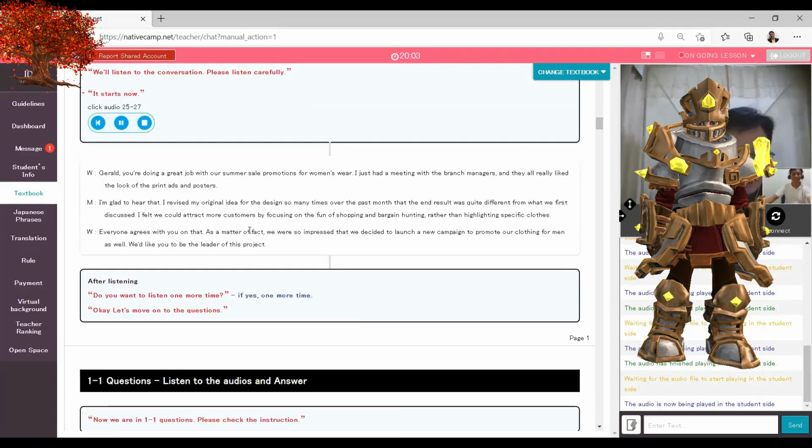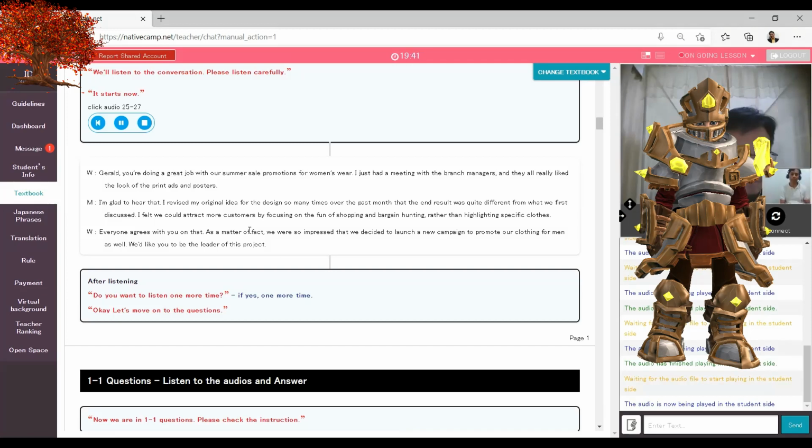Gerald, you're doing a great job with our summer sale promotions for women's wear. I just had a meeting with the branch managers, and they all really liked the look of the print ads and posters. I'm glad to hear that. I revised my original idea for the design so many times over the past month that the end result was quite different from what we first discussed.